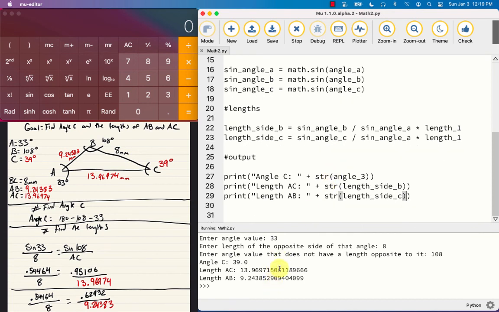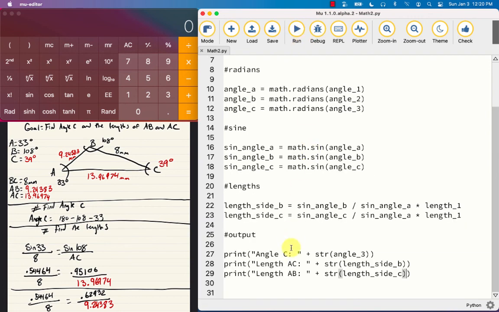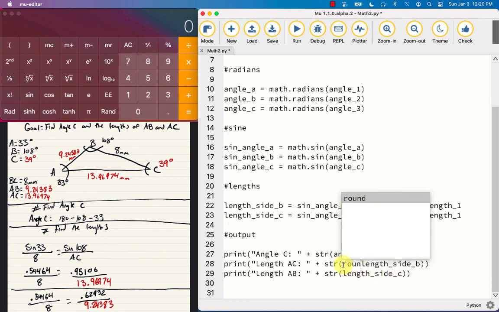Now that's a lot, right? Let's just go ahead and clean it up. I don't think we've rounded anything in any of our videos yet. So let's go ahead and do that. It's very easy. So we have our length side B and length side C. What we can do is type in round, and you want to do this within the parentheses of the string.